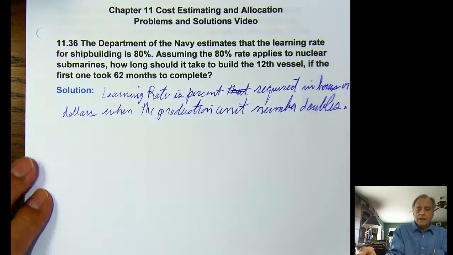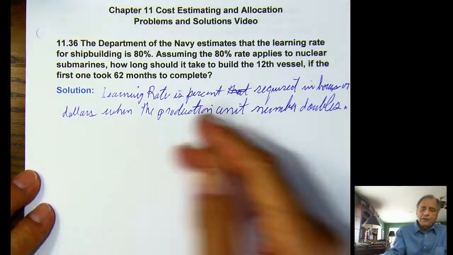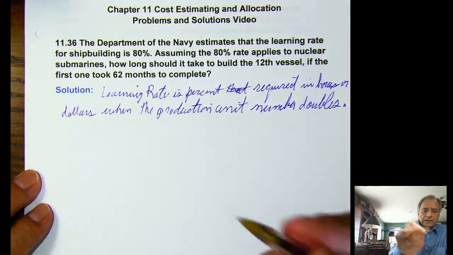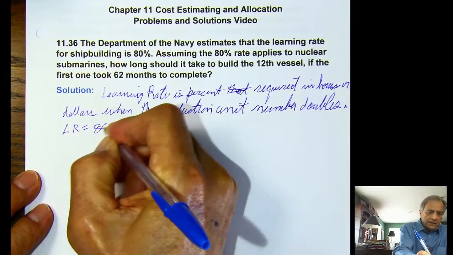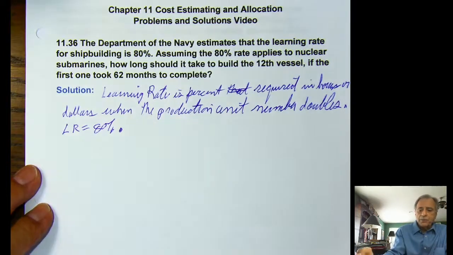Okay, and the improvement rate we call 1 minus the learning rate. So in this case, the learning rate is 80%. And in case you're given an improvement rate, that means the improvement rate was 20%.